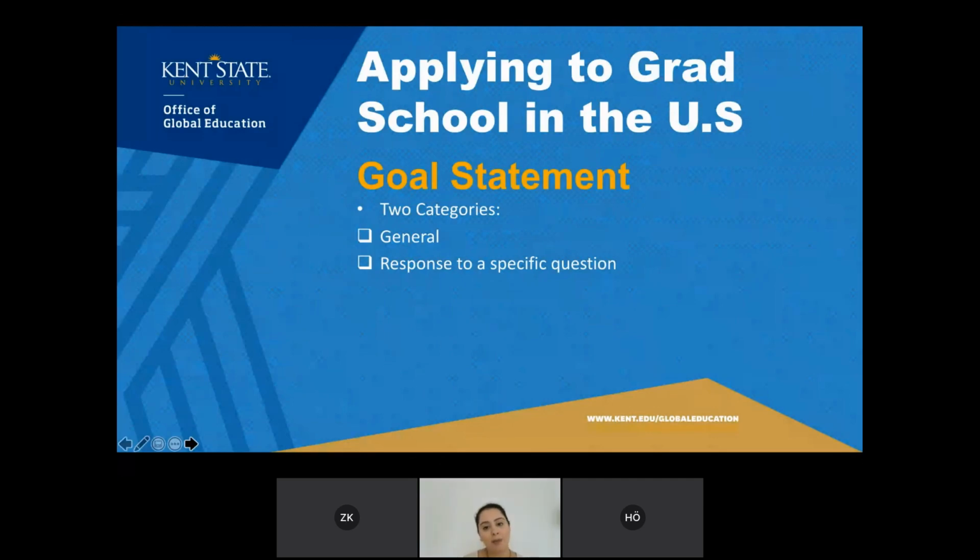Typically with statements of purpose and goal statements, you will see two types. You will either see a general one, or you will be asked to respond to a specific question. Most of the time, a goal statement will be very general, and you just need to cover your background up to this point, and what you are hoping to do with this degree after.